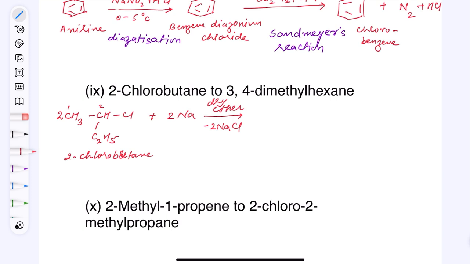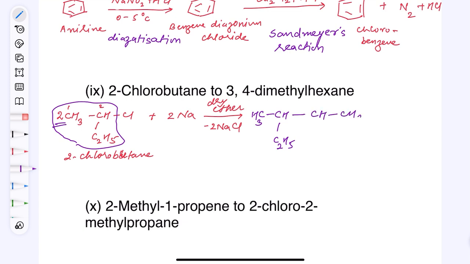So here also you will get 3,4-dimethyl hexane. Now see that this particular part you write by combining 2 ways. So this is one part, 1 mole. Now you have taken 2 moles of it, and you are combining it with the other mole this way.